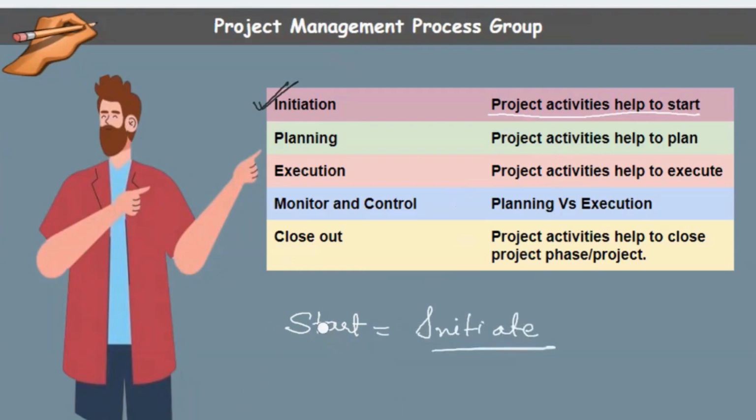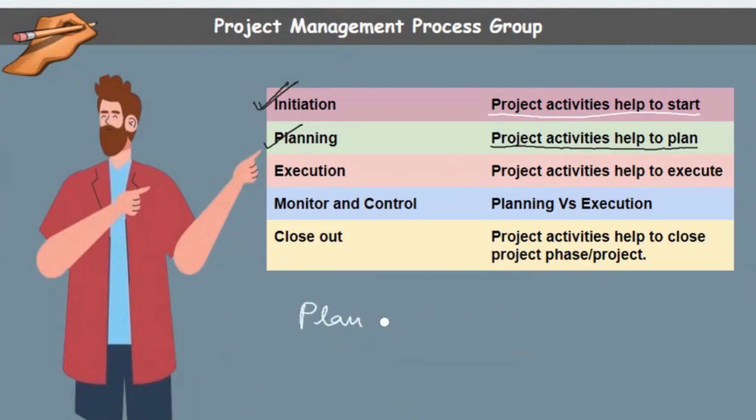So next one is planning process group. So planning process group is all the project activities which helps us to plan. So whatever activities which you do in a project phase which helps you in planning, that comes under planning process group.